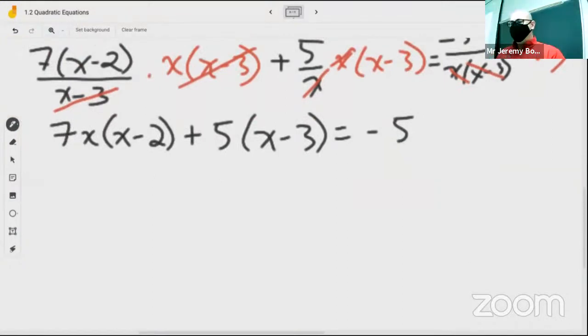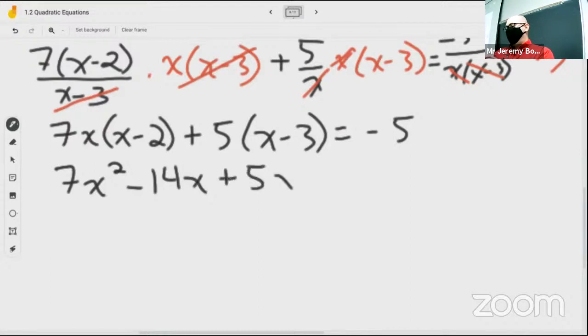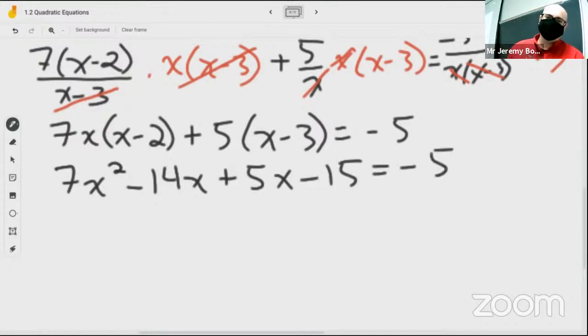So let's do our distribution. This is going to be 7x squared. Now the 7x also goes to the negative 2, so it means minus 14x. Distribute to 5, well, plus 5x. It also goes to the negative 3, so it means negative 15. That's still equal to negative 5. We got some like terms to combine.